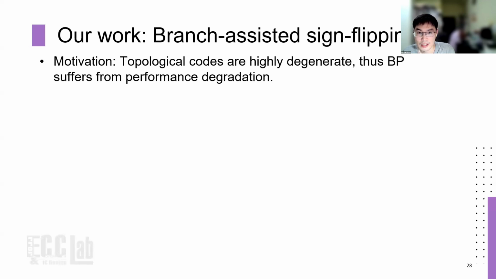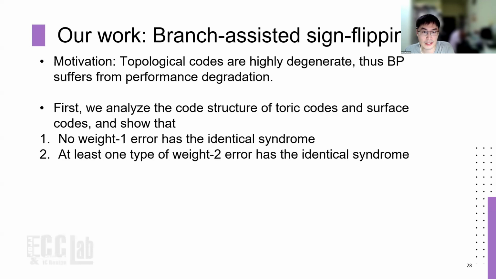First we analyze the code structure of toric code and surface code. And we've shown that no weight-1 error has the identical syndrome, and at least one type of weight-2 error has the identical syndrome.